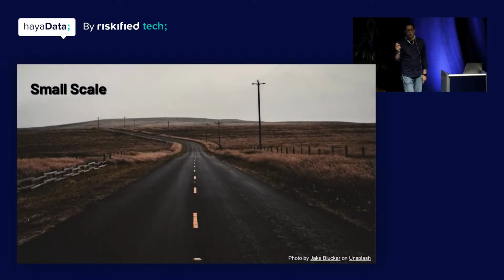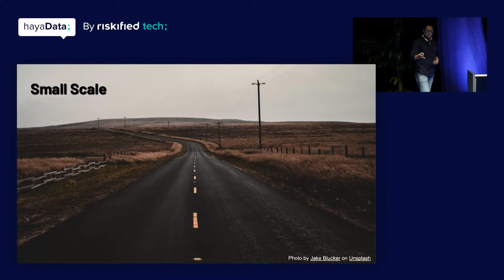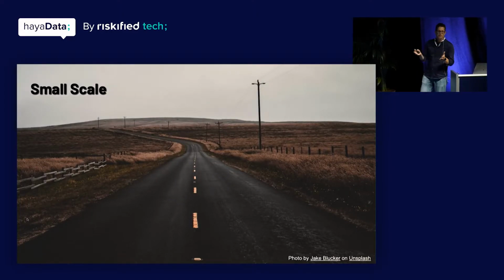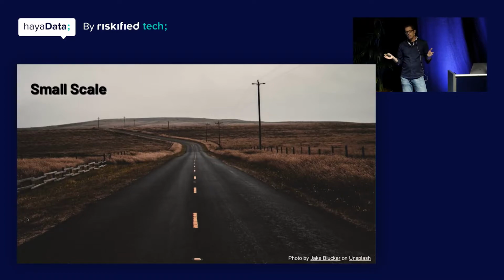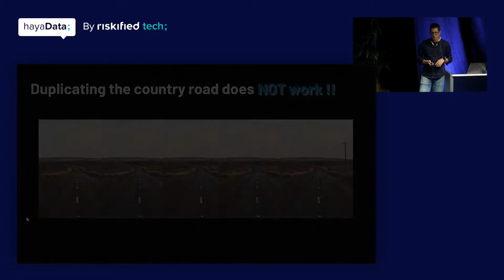If we look at a small-scale country road, just a simple road, you can see it's a simple road that handles traffic well, just 2 lanes and a divider line. If we have more and more traffic and we want to scale it up, the common sense approach would be to maybe duplicate this road. But this will not really work.